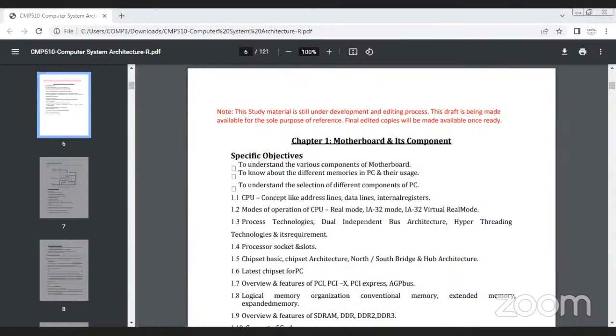The next component of the motherboard is a CPU slot. The CPU slot is a type of port that is used to connect the central processing unit to the motherboard of the computer system. And the last one is a power supply slot.